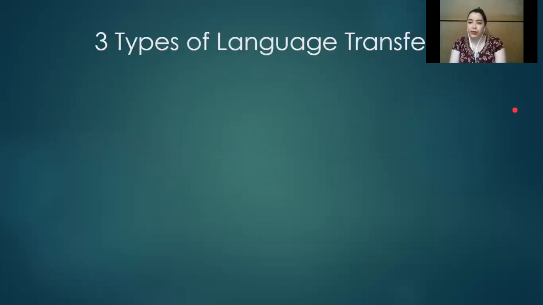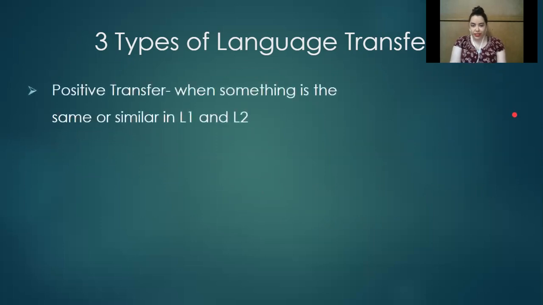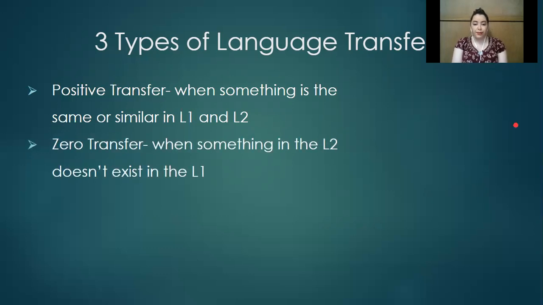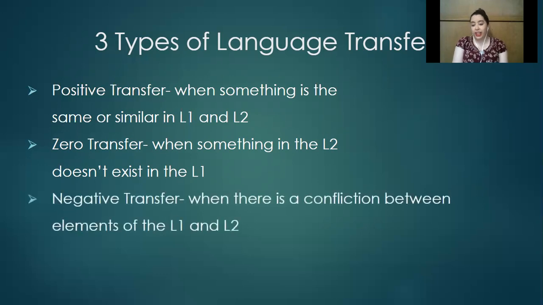So there are 3 types of language transfer. First is positive. This is when something is the same or similar in the first and second language. Zero transfer is when something doesn't exist in the first language, or you can think of it as a clean slate. And then negative transfer, which is when there's a conflict between elements of the first language and the second language.